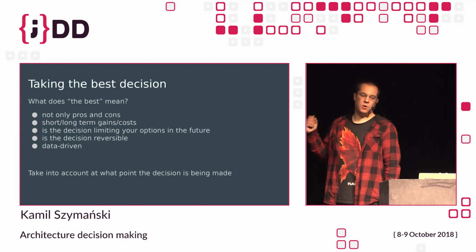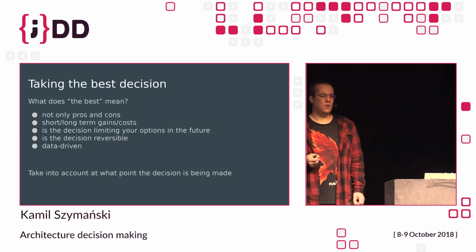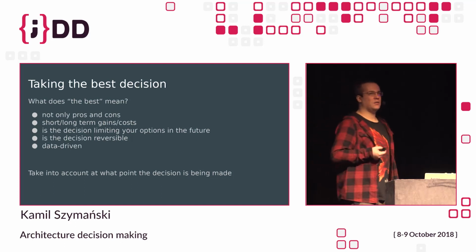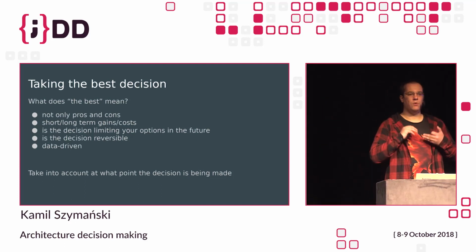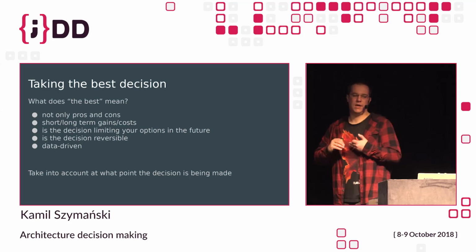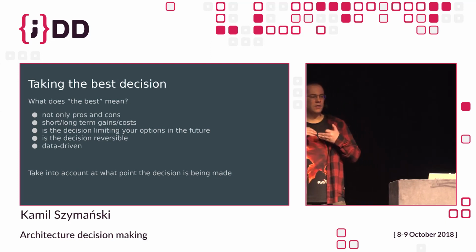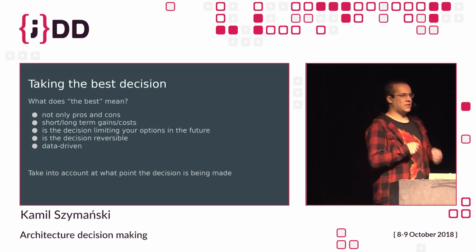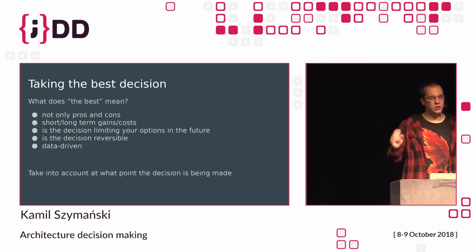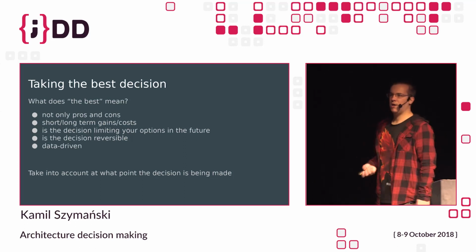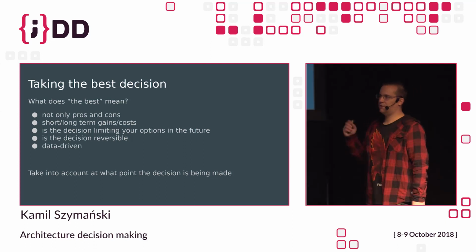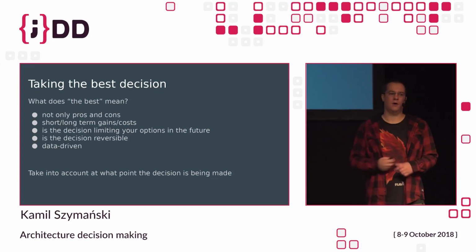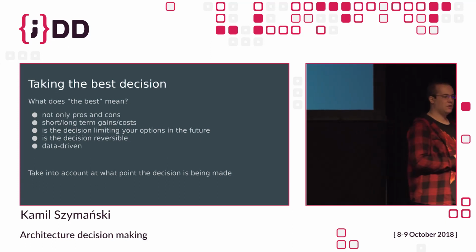And if we are making the decision, let's give ourselves room for making mistakes. So let's not limit our options in the future. If we can build something on top of that, or change it in some ways, it's better than having this static, set-in-stone thing to follow.